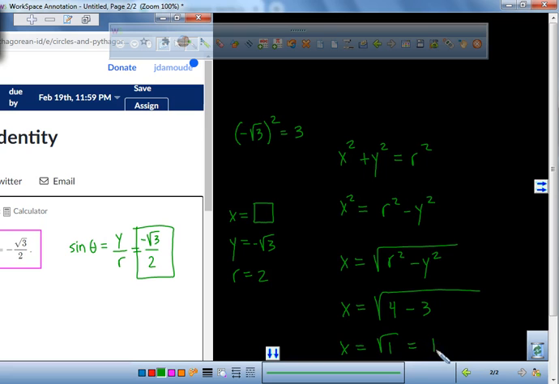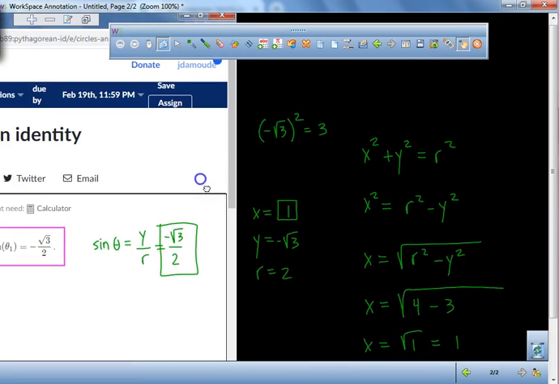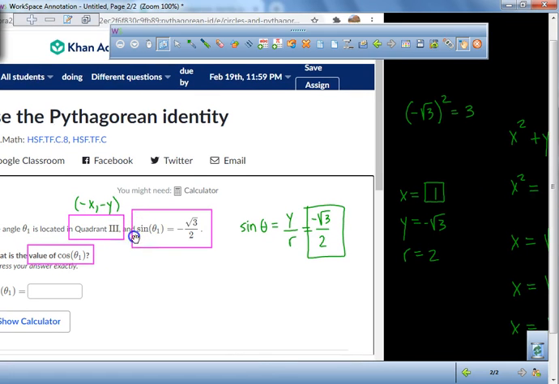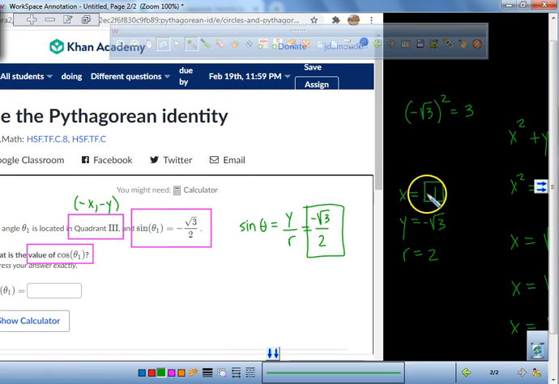But we've got to be careful, because our x value is 1, but this is where we've got to be careful, everybody. Technically, where are we at? We're in quadrant number 3, which has to have a what? Negative x value. So I'm going to say my x value is negative 1. So what is the cosine? It's x over r, right?